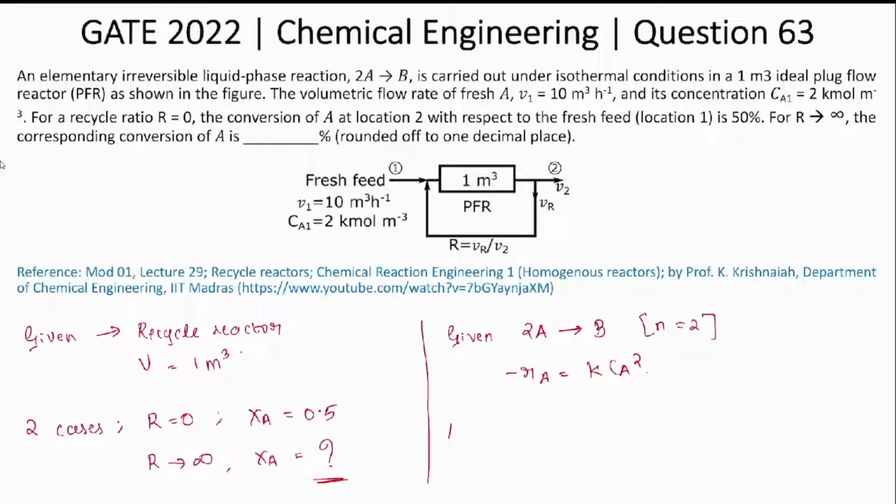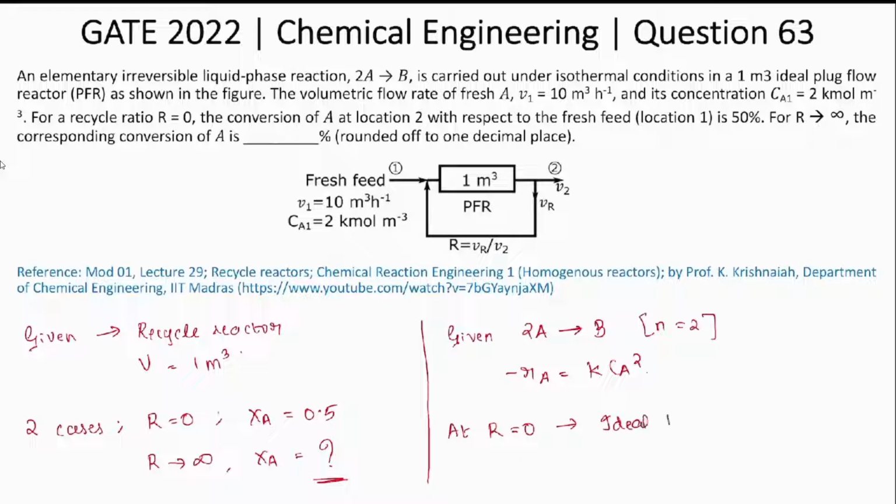Since it is liquid phase, there is no change in volume, so epsilon is 0 and we don't need to worry about it. Since it is elementary, the rate equation is minus RA equal to K CA squared.